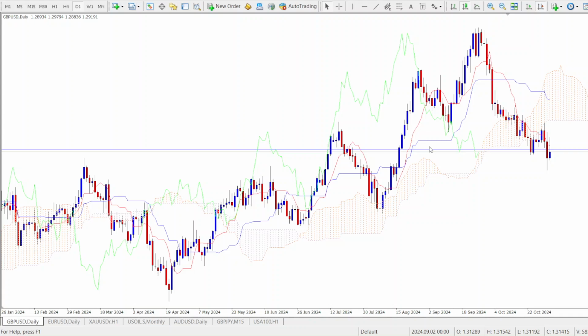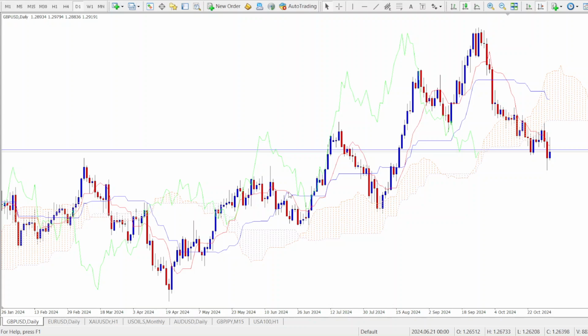Next, let's move to the Tenkan-Sen and Kijun-Sen lines. Remember, the Kijun-Sen is the blue line, while the Tenkan-Sen is the red line. Now we know the Tenkan-Kijun cross can show us possible trade entries. For example, when you have the red line cross above the blue line, it can give you a possible buy signal. It's a buy entry point.